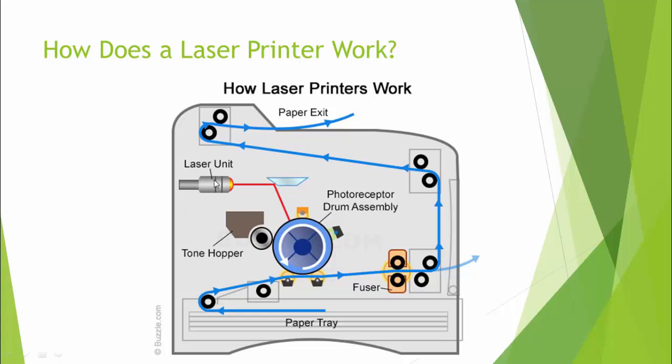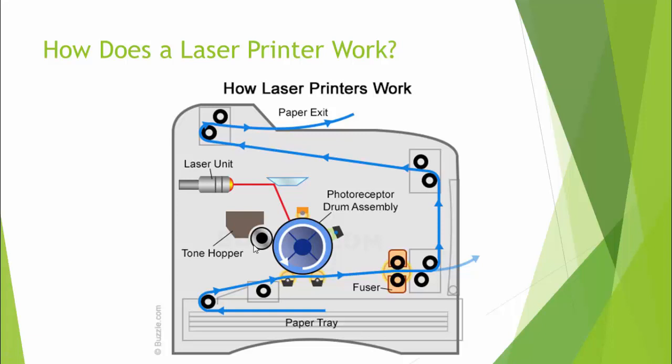Go figure, there's a laser involved, but the laser isn't the starting point of this device. In fact, the way that the laser printer functions, we have this drum here, which is given an electrostatic charge. And this electrostatic charge actually causes toner to stick to it.